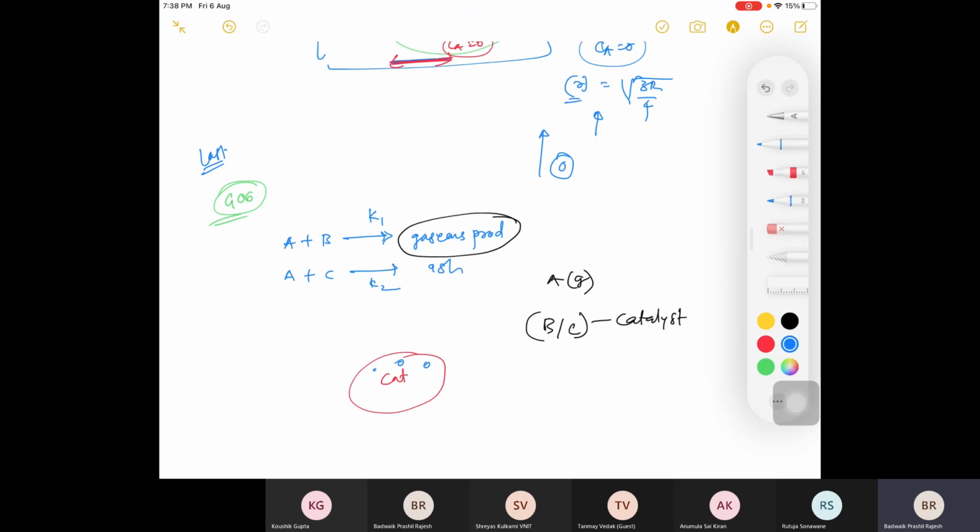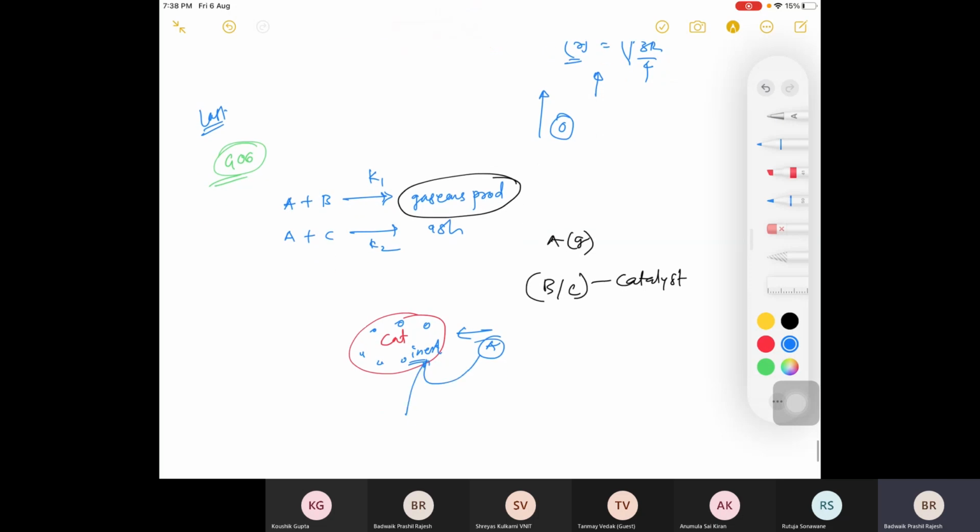In the catalyst there is some inert, so your catalyst is not pure, and A is reacting with it. When it reacts with inert there is formation of ash, and when it reacts with catalyst there is formation of gaseous product. And it's mentioned ash is not leaving your catalyst.